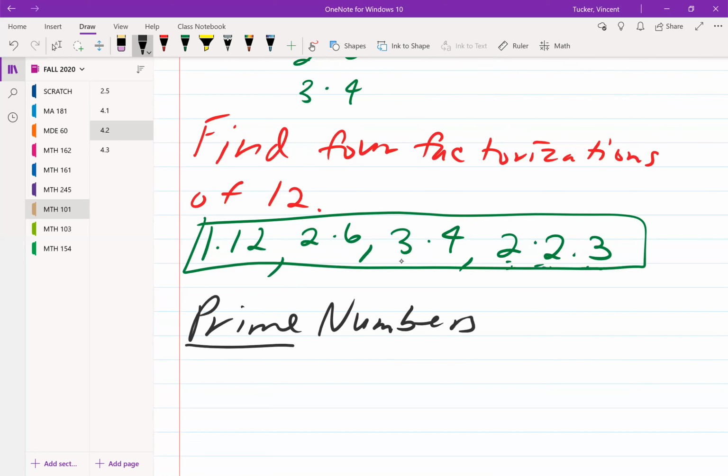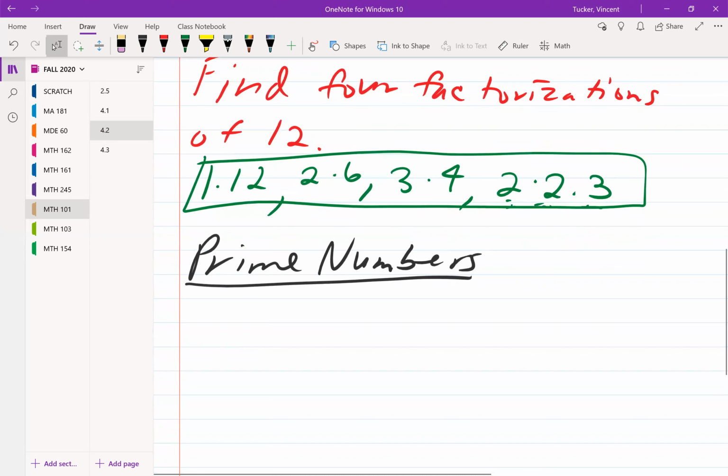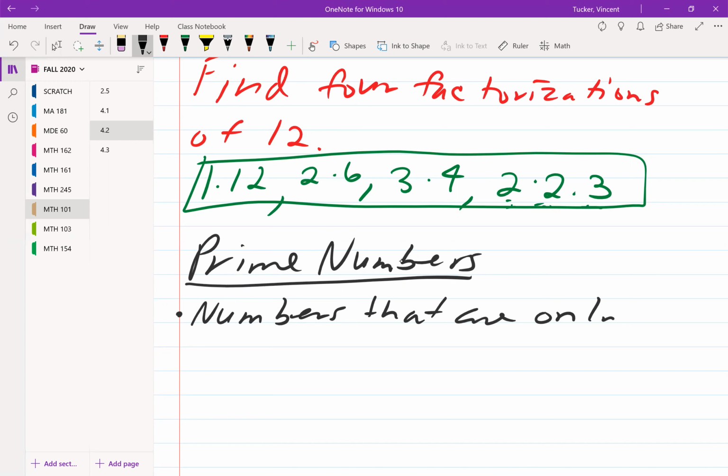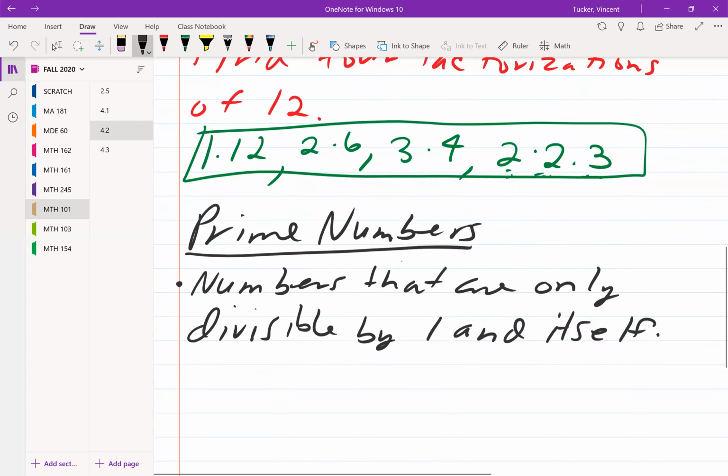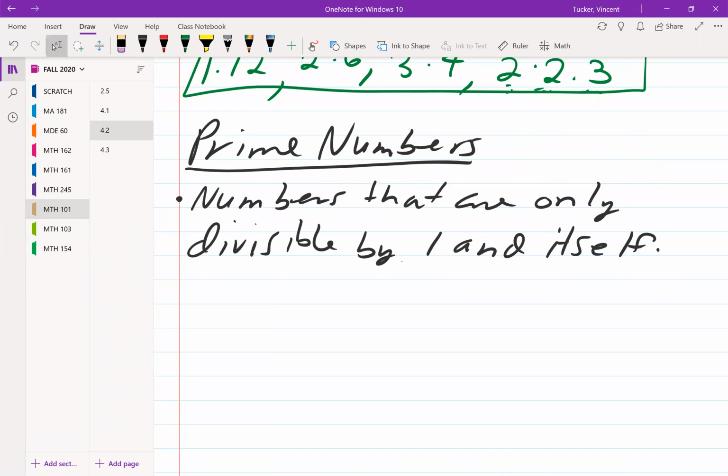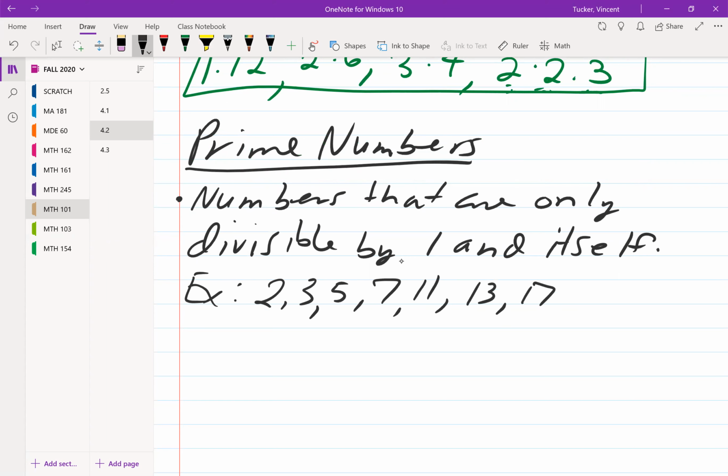Prime numbers. Prime numbers are numbers that are only divisible by 1 and itself.